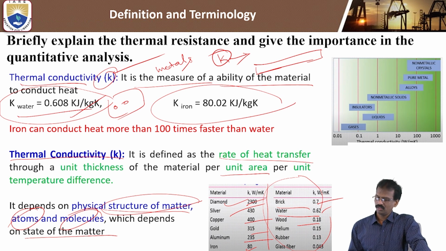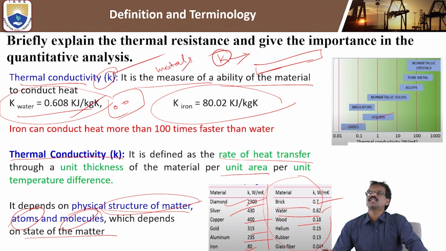Here you can see thermal conductivity ranges very less for glasses, next to liquids, next to insulators, next to non-metallic solids. Next alloys, next to pure metals, next to non-metallic crystals. Non-metallic crystals have high thermal conductivity. So this is the graph.